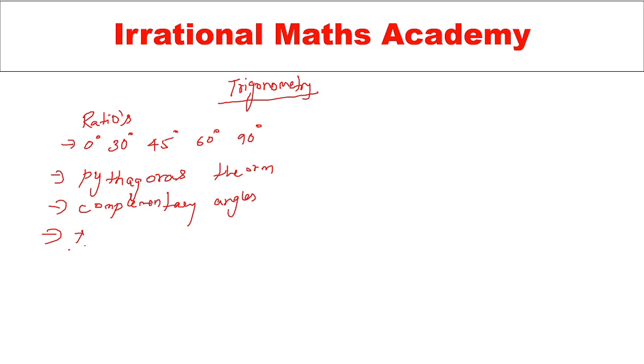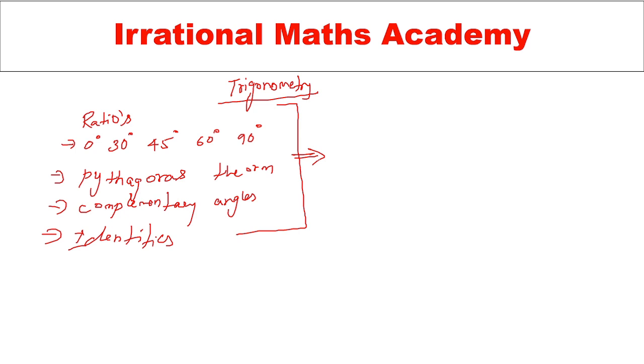Then identities. These are the fundamental things you need to understand to solve any problem from trigonometry. If you are good at these 5, you can solve any problem from the trigonometry chapter.